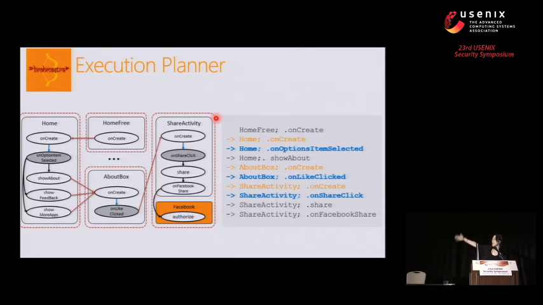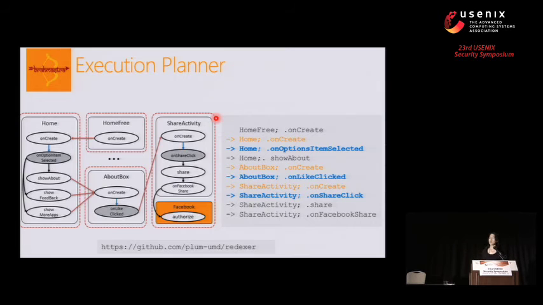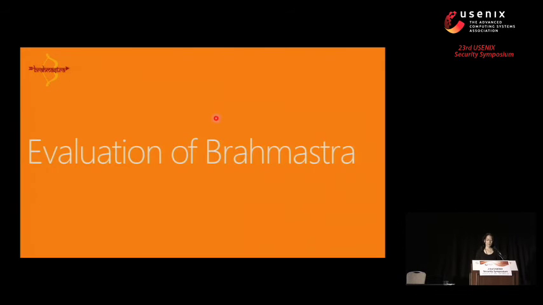With this path, you can reach this authorize method. And that part is integrated into the Redexer system, and it's open, so you can download and play with it. Once we have this path, we use the execution engine to rewrite the app, so that once you open the app, it just makes an automatic transition to the target activity.